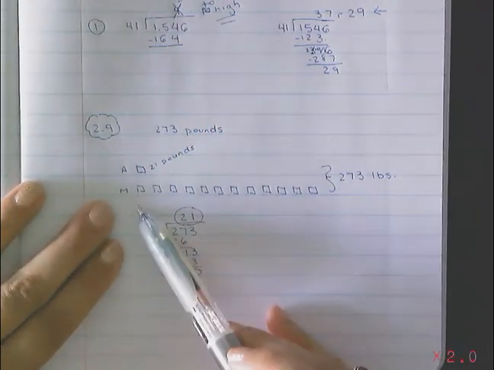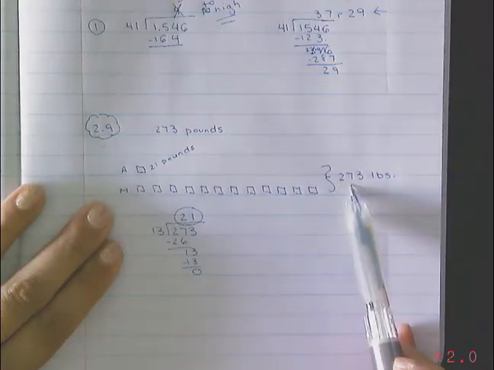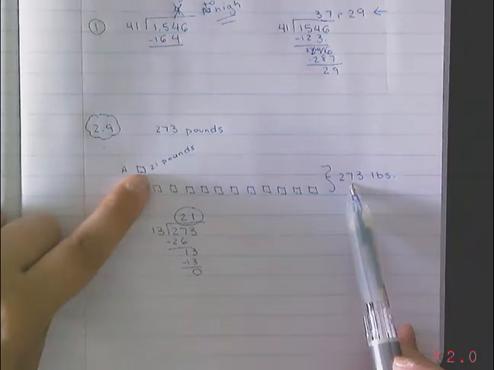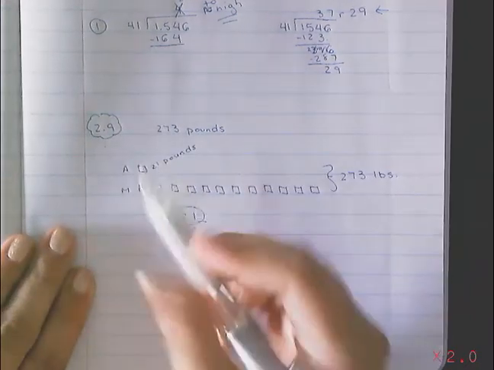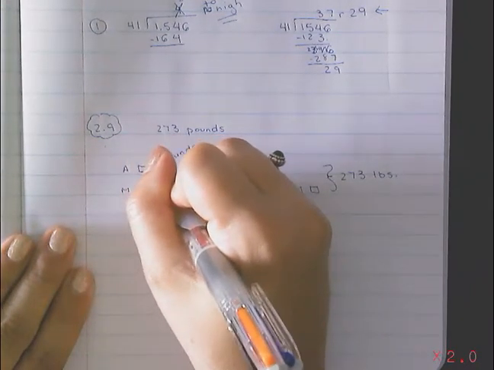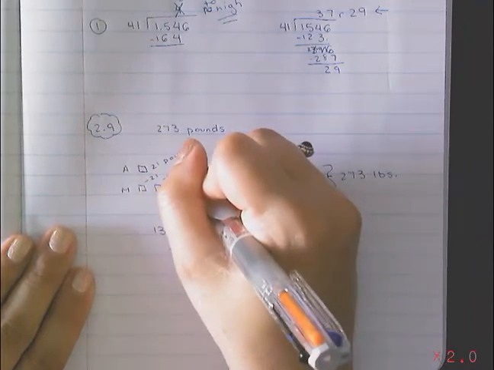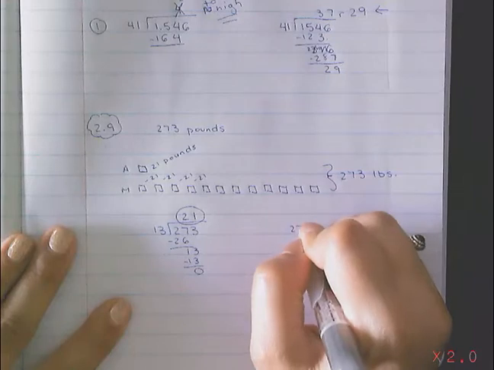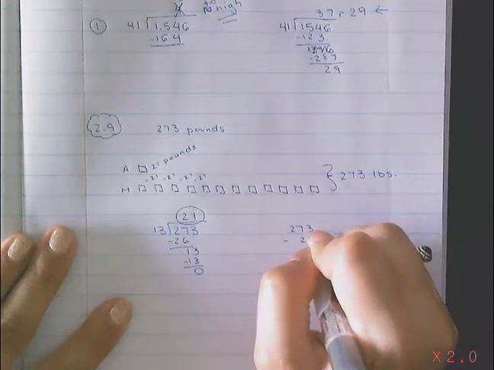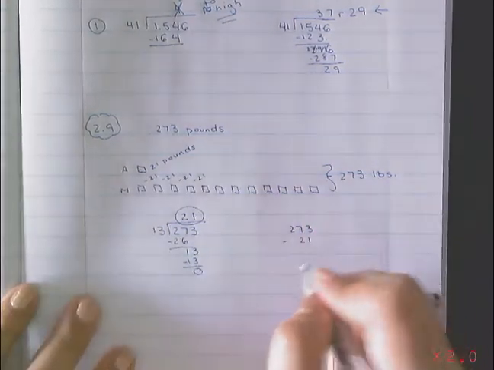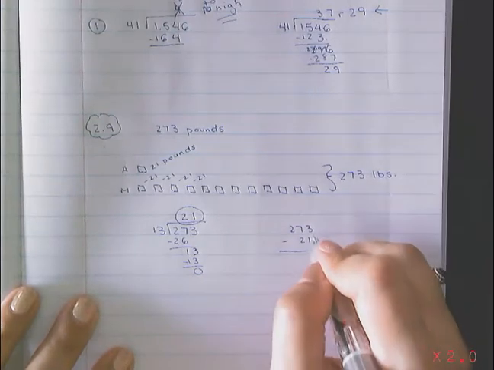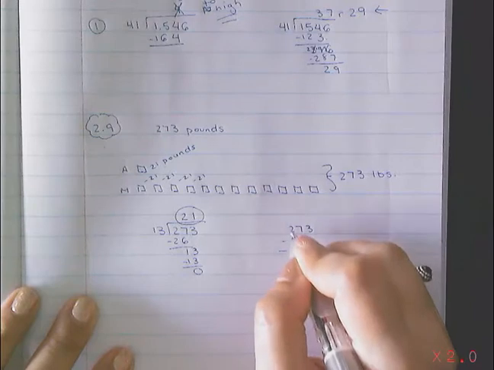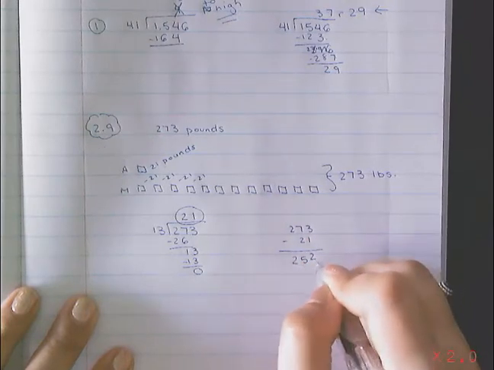So that means the marlin weighs 273 minus the 21 pounds, because remember, each of these is 21. So I can do 273 minus the 21 pounds that the amberjack weighs. 3 minus 1 is 2. 7 minus 2 is 5. 2 minus nothing is 2.